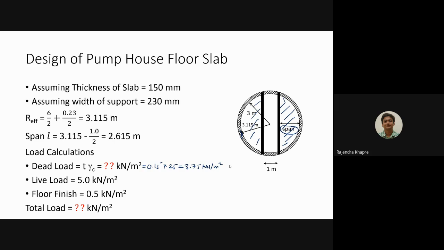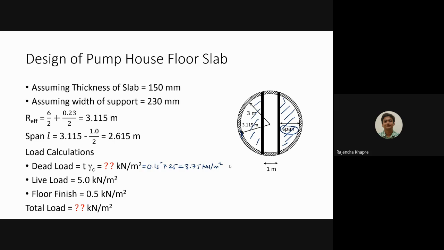Now live load. This is a very important structure, and you may find many of the heavy loads like pump and other pipe fittings kept on the slab. So accordingly we are assuming the live load on the slab as 5 kilonewtons per meter square. We are also assuming a floor finish of 0.5 kilonewtons per meter square on the circular slab.